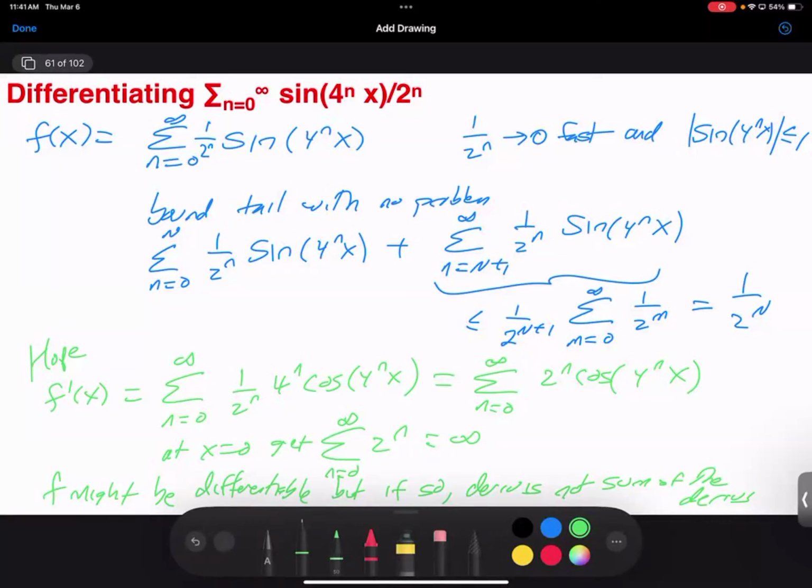Do you think x equals 0 is a particularly bad point? Because we'll still have 2 to the n, and cosine will modify it. It's not that significant. Yeah, so the cosine is going to be fluctuating. We're going to get some cancellations with the cosines. But because 2 to the n is exploding, I don't expect that the cancellation is going to be enough.